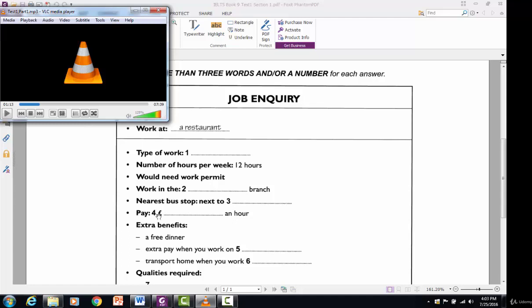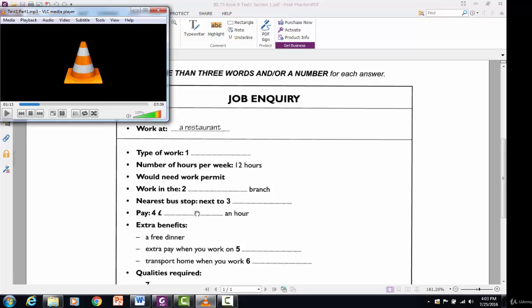Number 4 is going to be a number because it says an hour and we have the pound sign there. The British pound sign; the United States will use a dollar sign. This is their version of it. And we know this is going to be a number. As I've told you in regards to traps, with numbers, they're going to say more than one number.